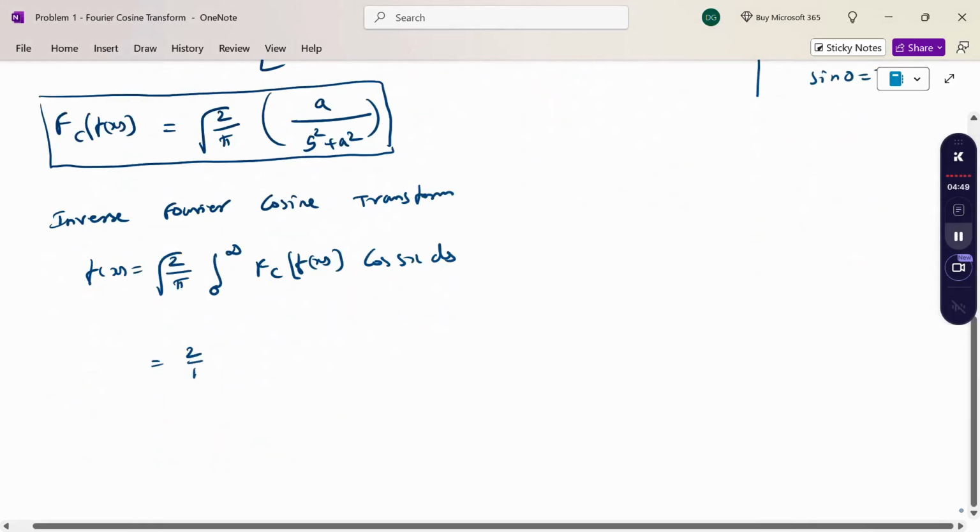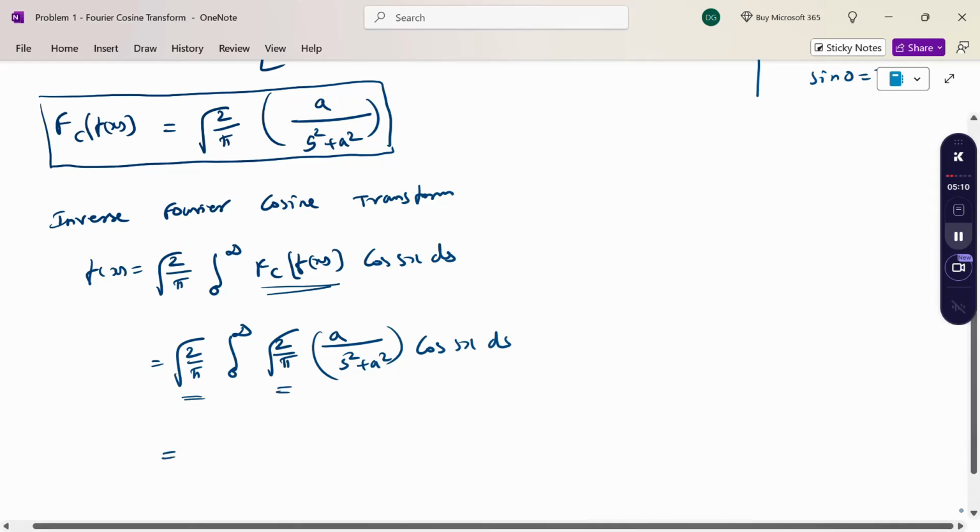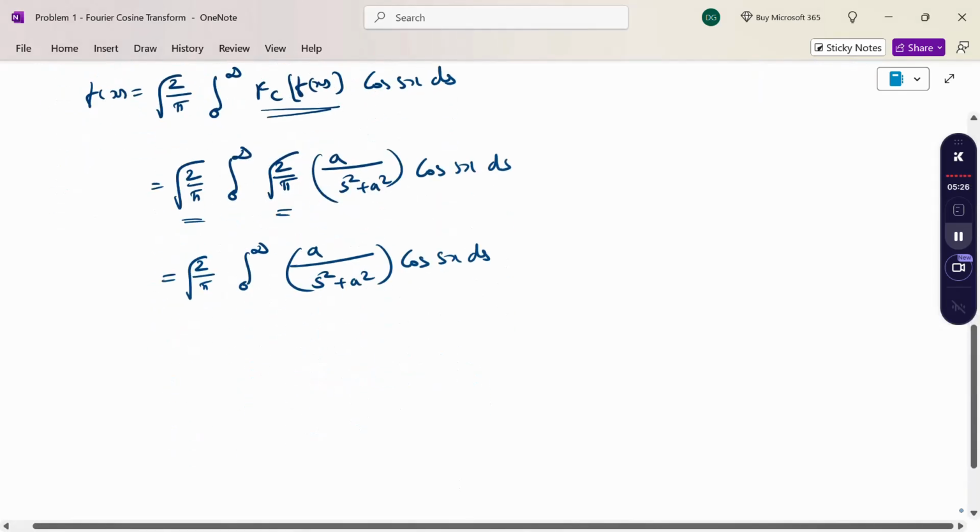Now substitute the Fourier cosine transform value: square root of 2 by pi, integral from 0 to infinity of square root of 2 by pi, a by s square plus a square, cos sx ds.